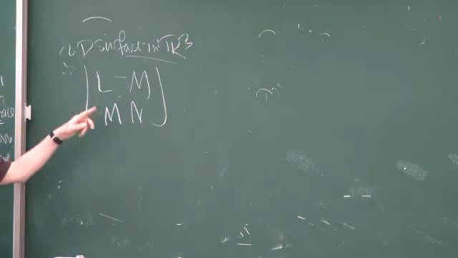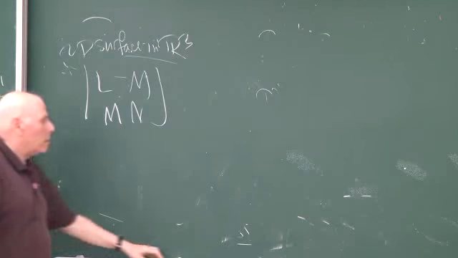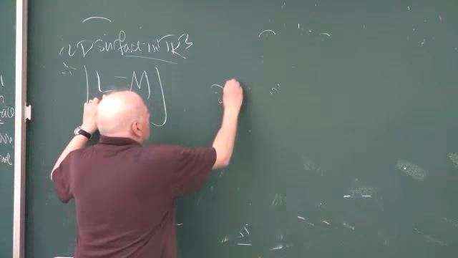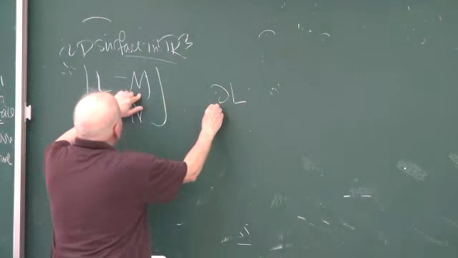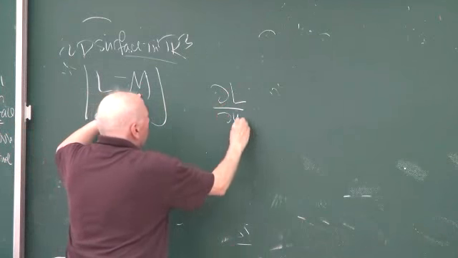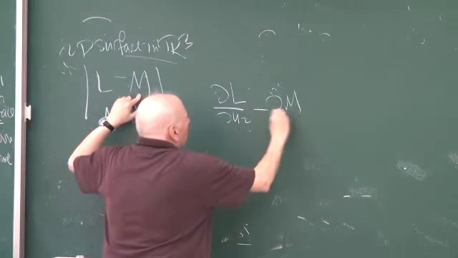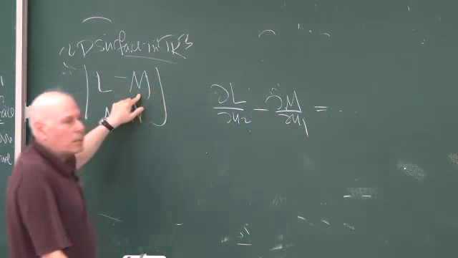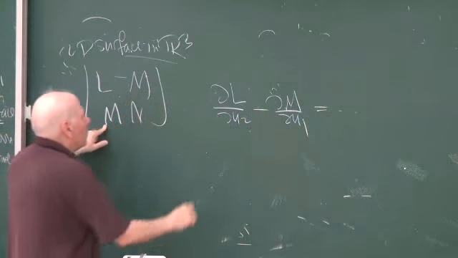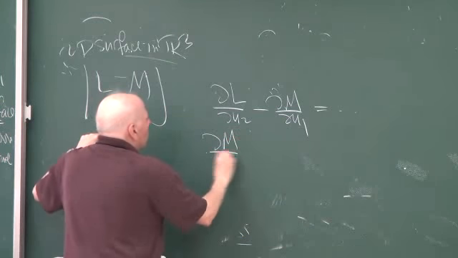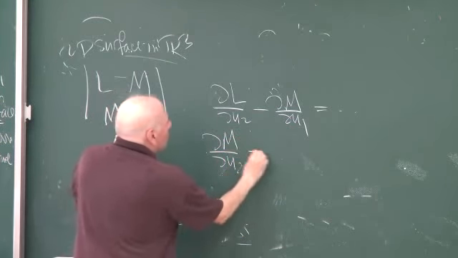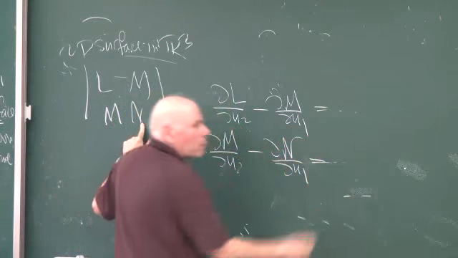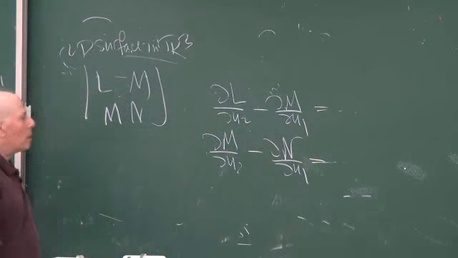Okay, so then we had L, M, and N, and we had the partial derivatives. So let's see. I don't know what the left-hand side is. The partial of L with respect to u2 minus the partial of M with respect to u1 equals some stuff on the right-hand side. And then it was the partial of M with respect to u2, going that way, minus the partial of N with respect to u1 equals some stuff on the other side.